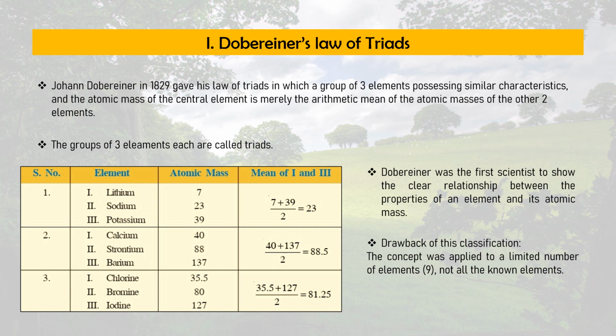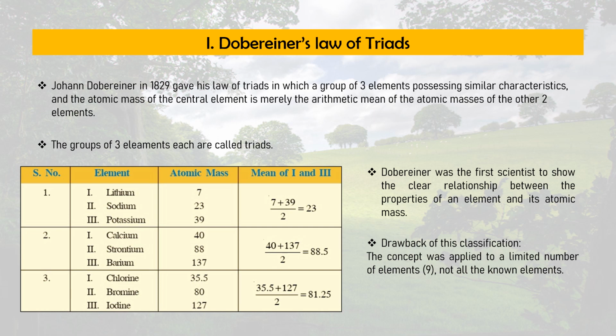He was a German scientist, Johann Dobereiner, and in 1829 he gave his law about triads, which states that if we take a group of three elements that have similar characteristics, and place them according to increasing atomic mass, then we will see that the atomic mass of the central element is the arithmetic mean of the other two elements.